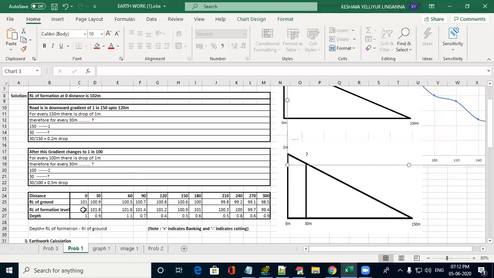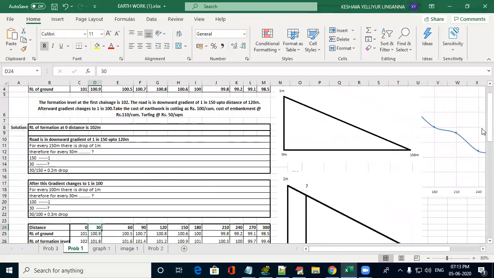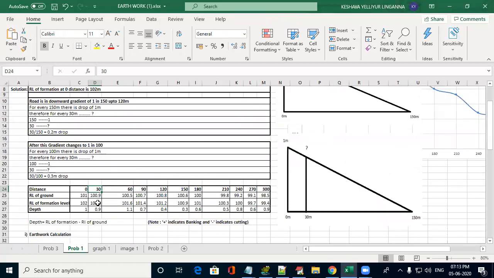See, RL of the formation at 0th distance is 102. At 30 meter, there should be a difference of 0.2. Here, at 30th meter, the difference between these two values should be 0.2. That is 102 minus 101.8.